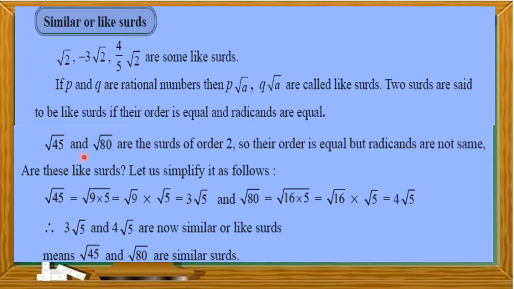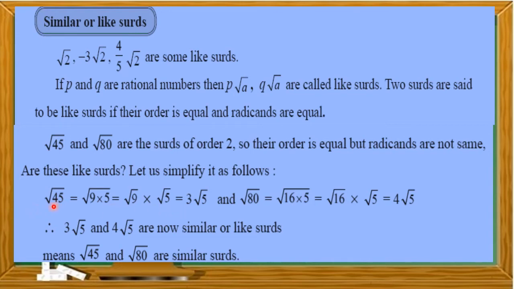Root 45 and root 80 are surds of order 2. So their order is equal, but the radicands are not same. Are these like surds? Let us simplify it as follows. Root 45 is equal to root 9 into 5 is equal to root 9 into root 5 is equal to 3 root 5.